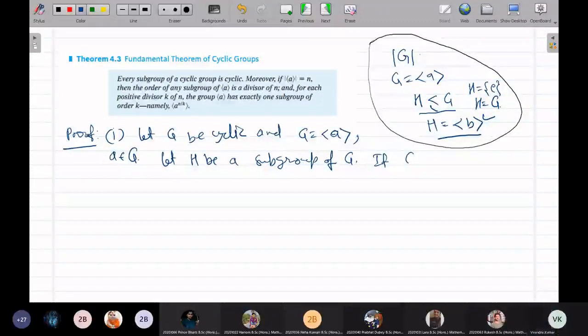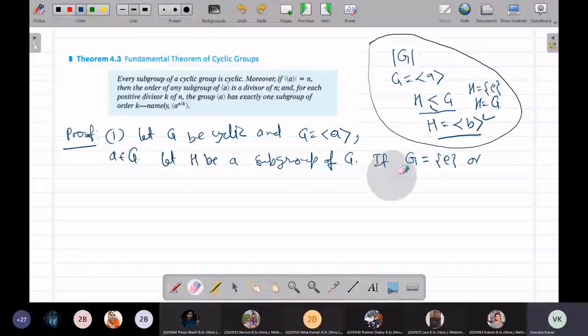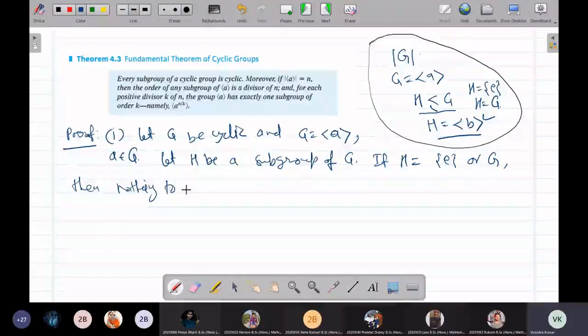If H equals the singleton E or G, then there is nothing to prove. Fine. In both the cases, singleton E and G are cyclic.